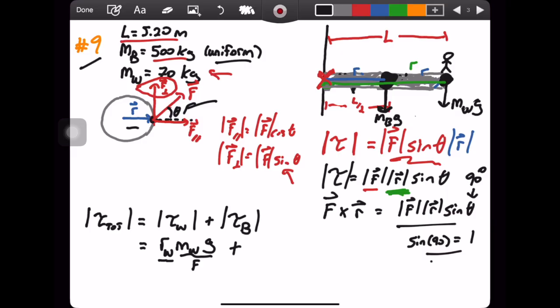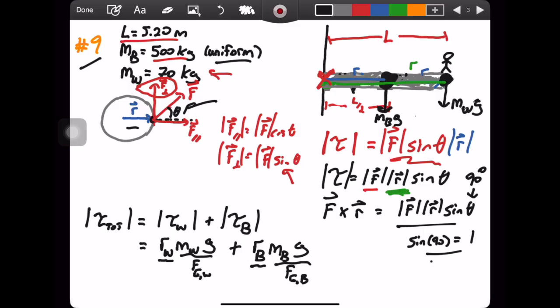And now I'm also going to take into account the beam itself. Remember, we're going to say that the beam can be treated as just a single point mass right at the center of the beam, and then the mass of the beam, gravity. So if this was the force of gravity due to the worker, this is the force of gravity due to the beam.